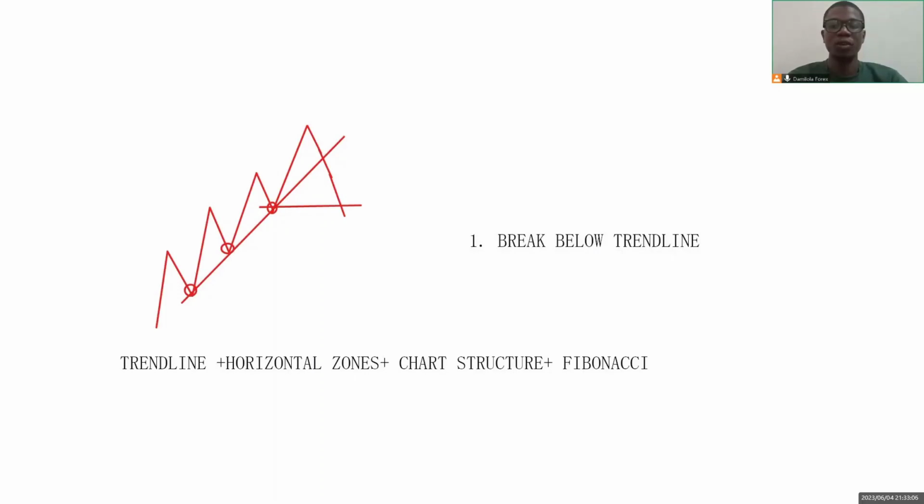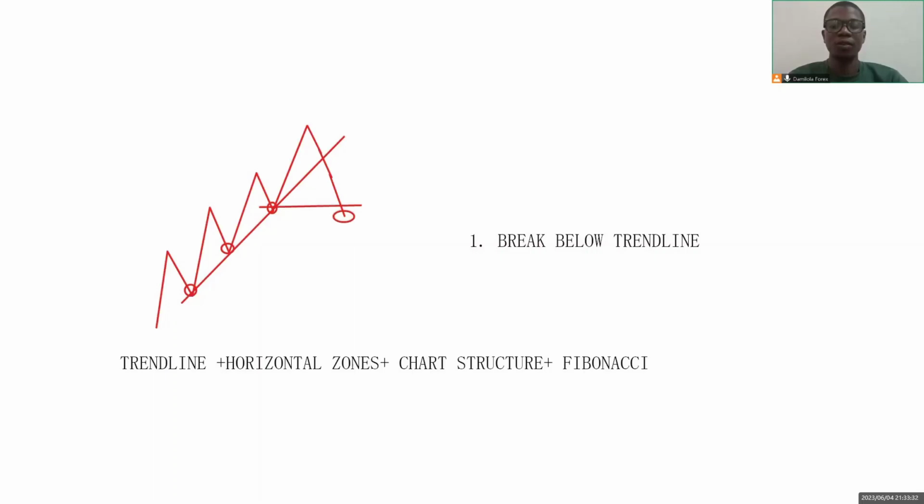So when there's a break of my horizontal line here, I know that the structure is broken, because right now we can see price now has a lower low right here. That is a low that is lower than the previous low, which means that the bullish structure has changed, and now the bears are in.